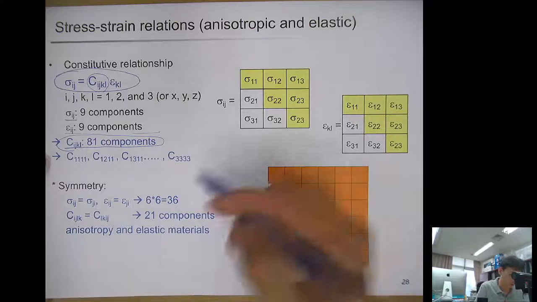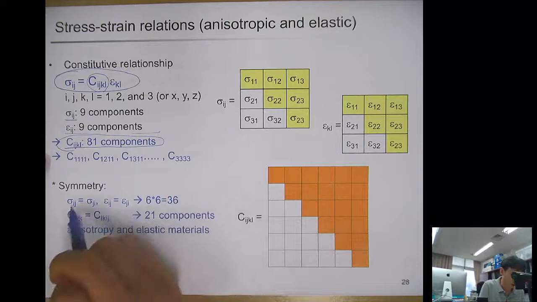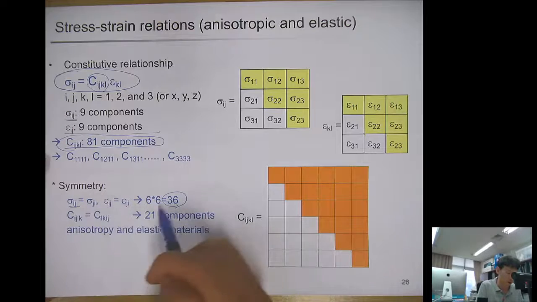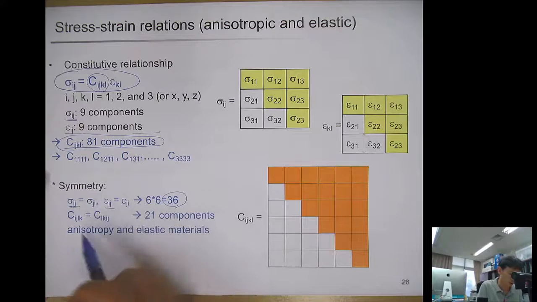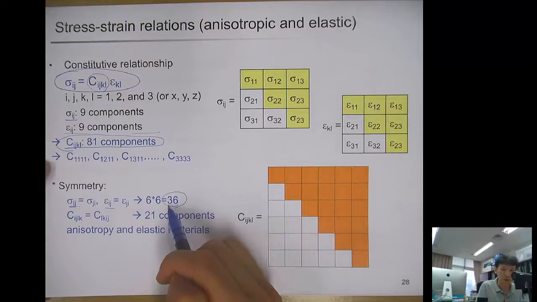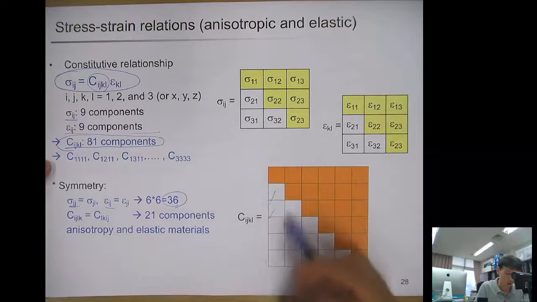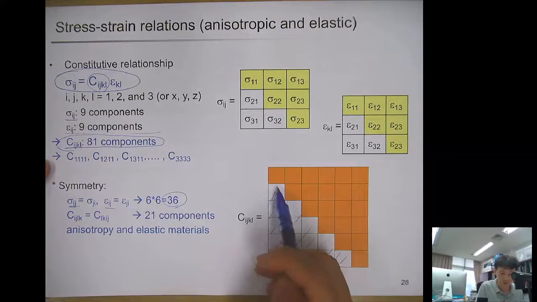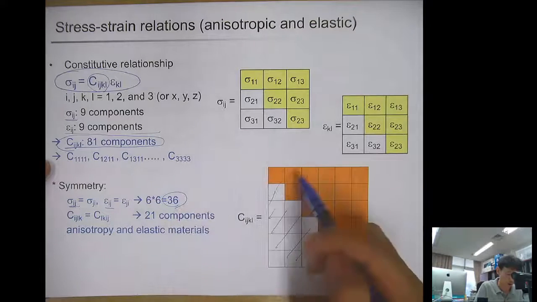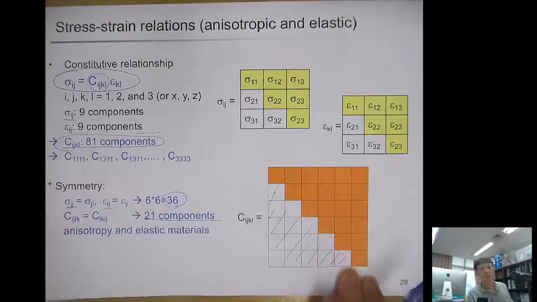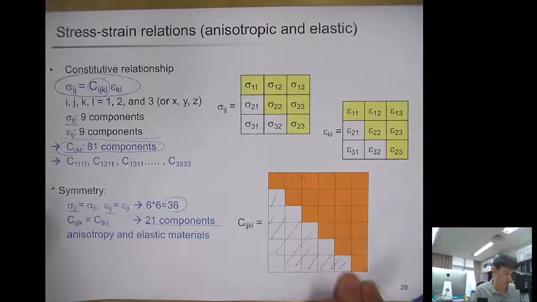Because the matrix is symmetric, in reality, you have 6 stresses and 6 strains, so that the matrix will be a 6 by 6 stiffness matrix. And here the terms below the diagonal will be the same as the upper diagonal terms, so it's symmetric. So we need 21 components to fully describe the anisotropy.